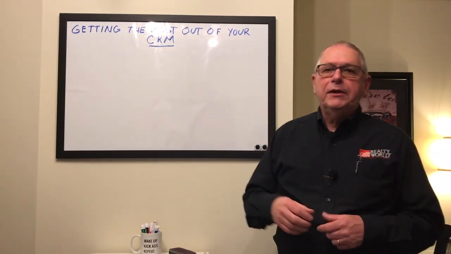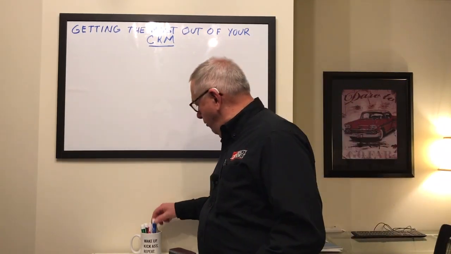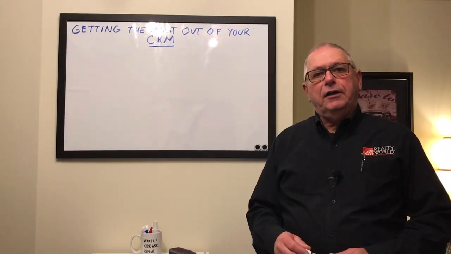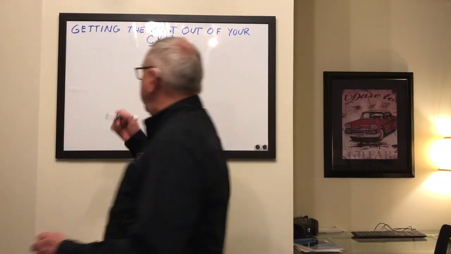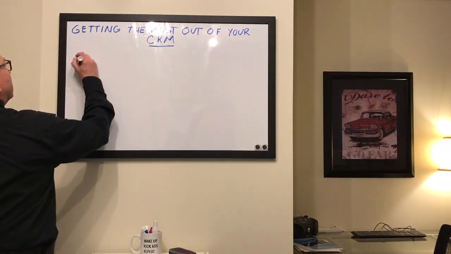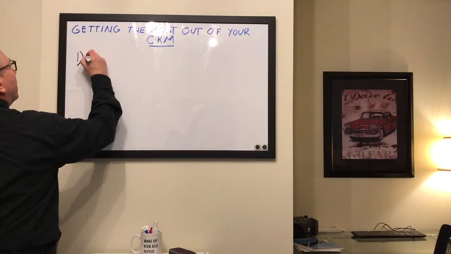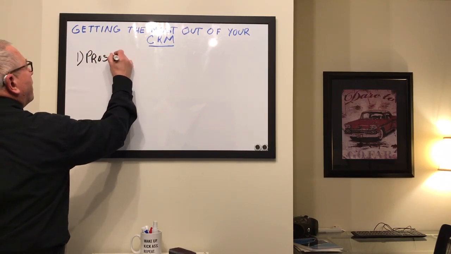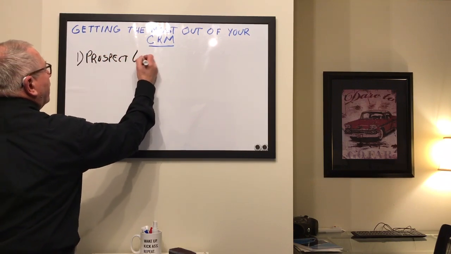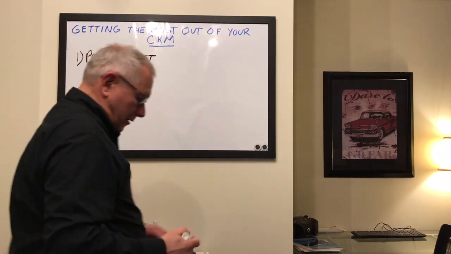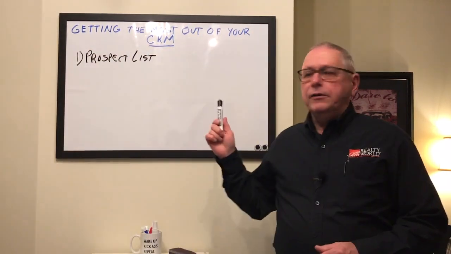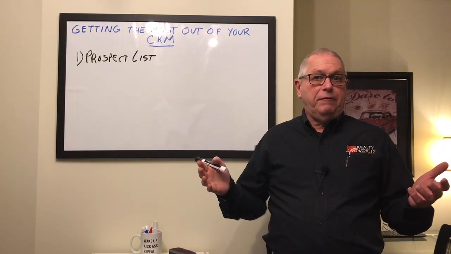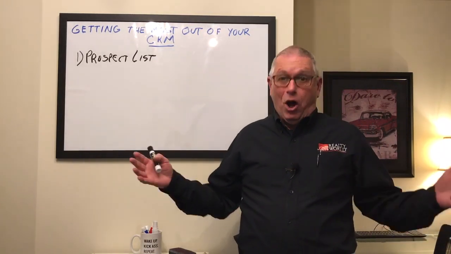Now, the first step involved in your CRM is putting together a list of contacts. So you're going to put together a prospect list, and this list is going to consist of pretty much everyone that you know.